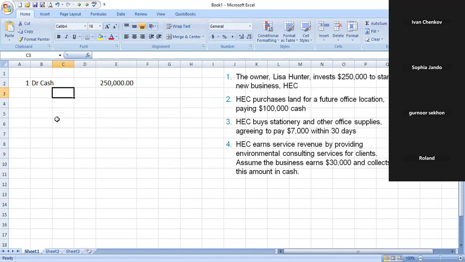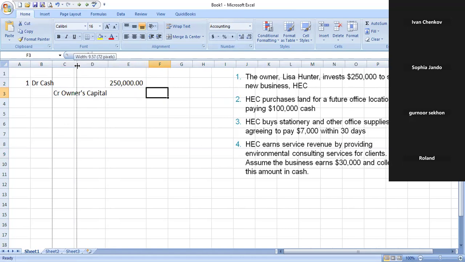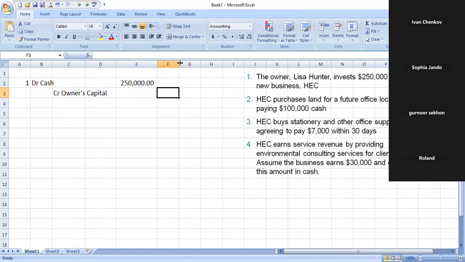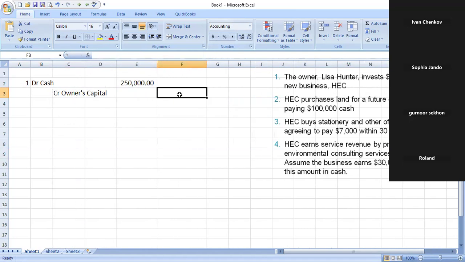The owner gave it to the company. So the company now starts owing money to the owner, and we have to keep track of the owner's capital because he's the one investing. So we're going to credit owner's capital. Cash is going to increase, owner's capital is going to increase. So the company has assets and the company has equity for the same amount. Make sense?